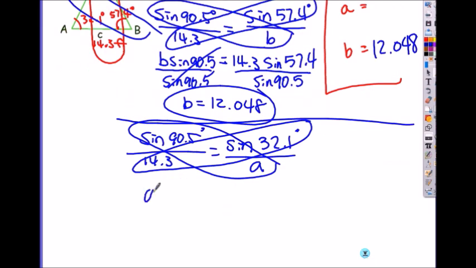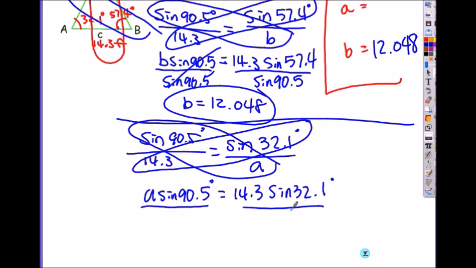So A times sine of 90.5 equals 14.3 times sine of 32.1 degrees. Again, what is our last step? Divide by what? Right, we're solving for A, so we have to get rid of sine of 90.5.